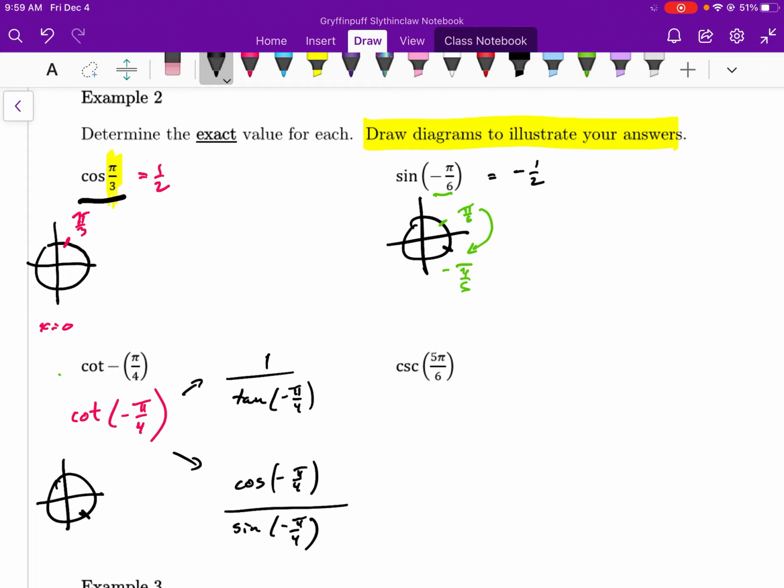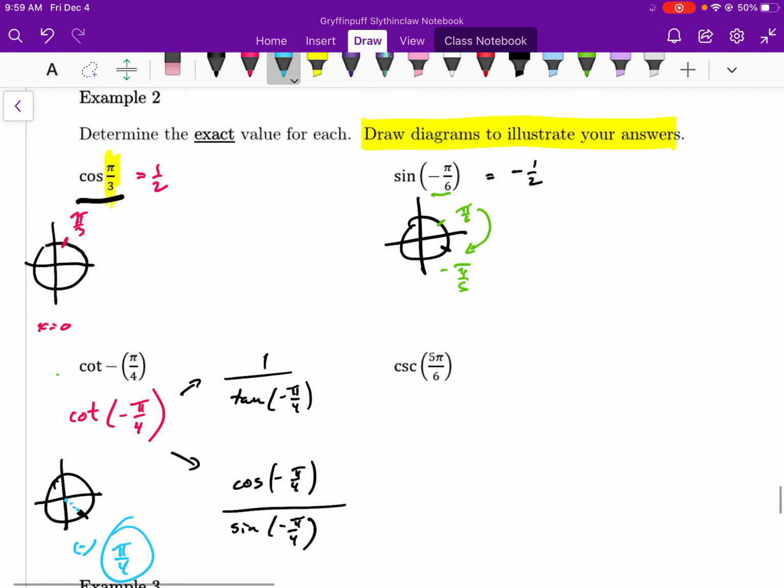Whichever one you feel more comfortable. I'm going to ask myself, well, tangent in quadrant number 4, remember that tangent is slope. So tangent is going to be negative in quadrant number 4. The tangent of the pi over 4 family is 1. So here, this value is going to be the reciprocal of negative 1, which is negative 1.